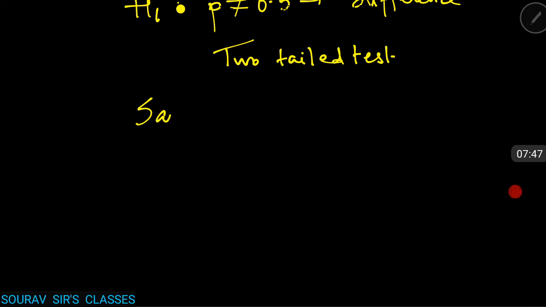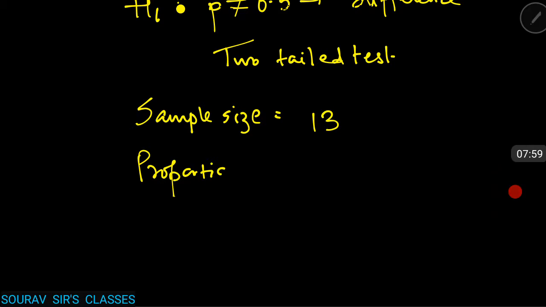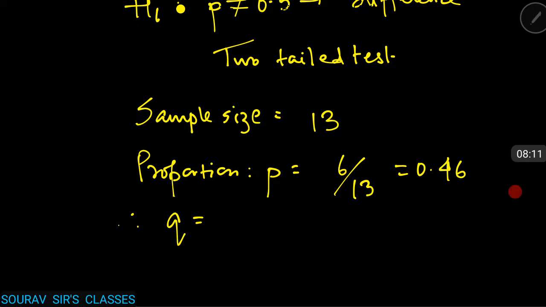Now, sample size is equal to 13. Proportion P is equal to 6 by 13, which is equal to 0.46. Therefore, Q is equal to 1 minus P, which is 1 minus 0.46, which is equal to 0.54.